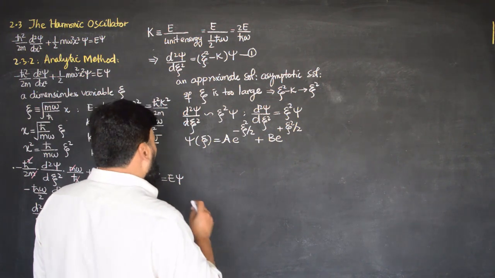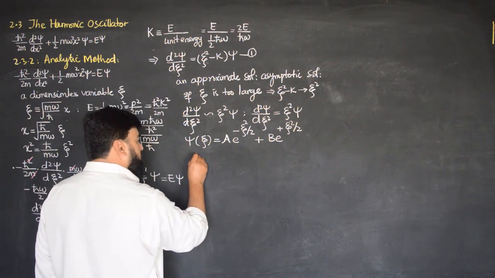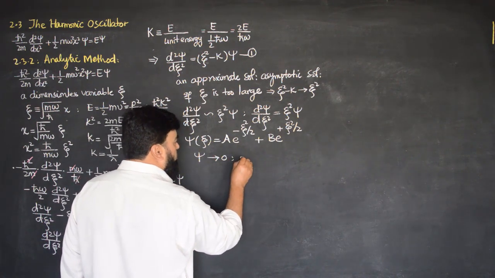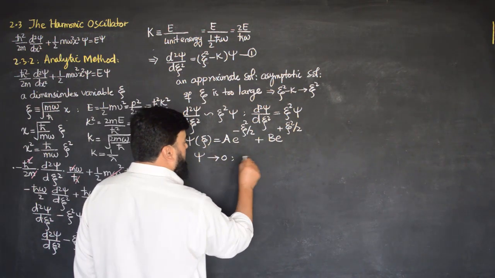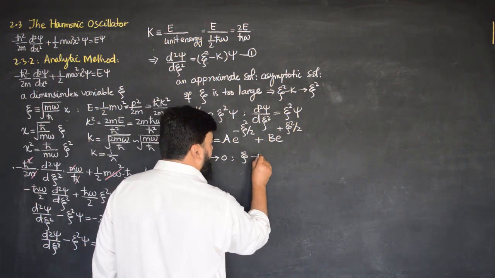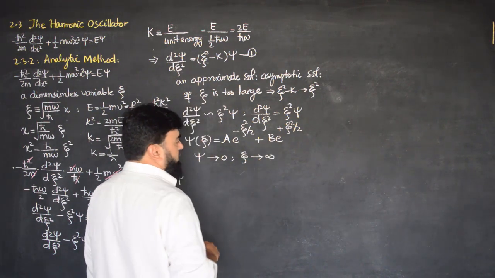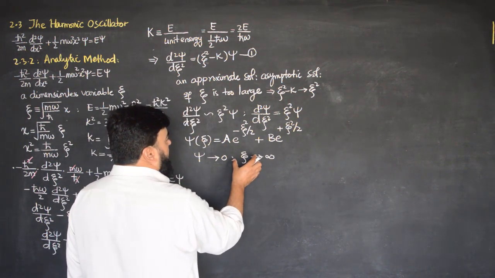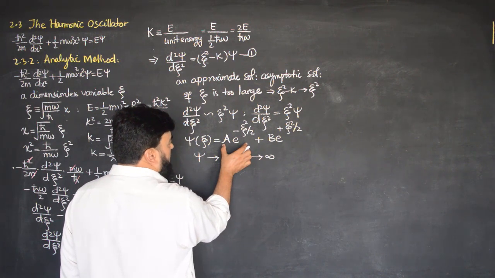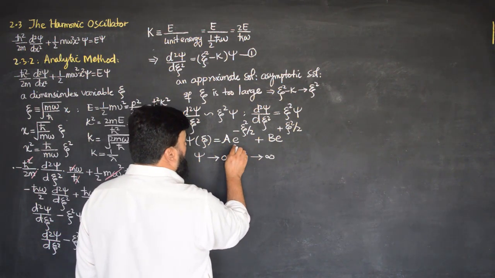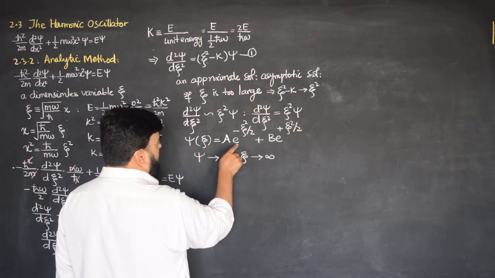Now we know about our wave function that it goes to 0 when our variable xi goes to infinity. This is the general condition, and if I look at the first solution, as xi goes to infinity, this solution goes to 0. So our psi goes to 0.